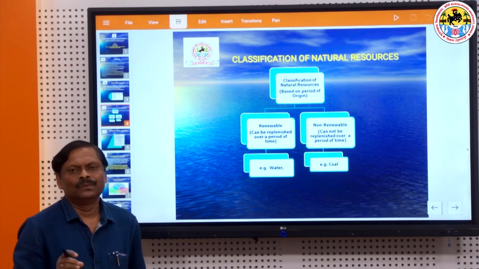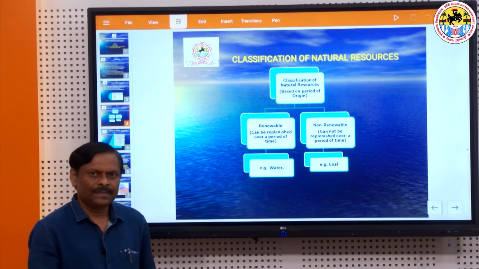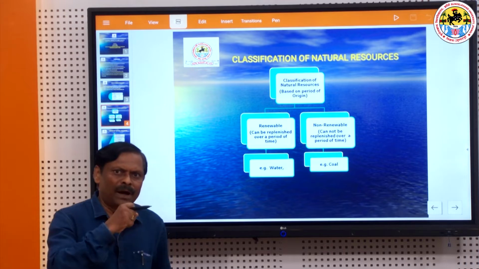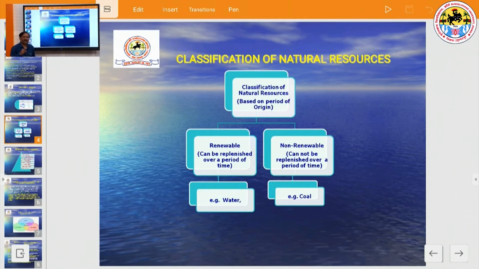As you know, coal is a non-renewable resource, because it was formed in the Devonian and Carboniferous periods around 60 million years ago, and once we use it, it will be exhausted and there is no chance to get it again. However, water is a renewable resource, because it can be renewed in the annual hydrological cycle.